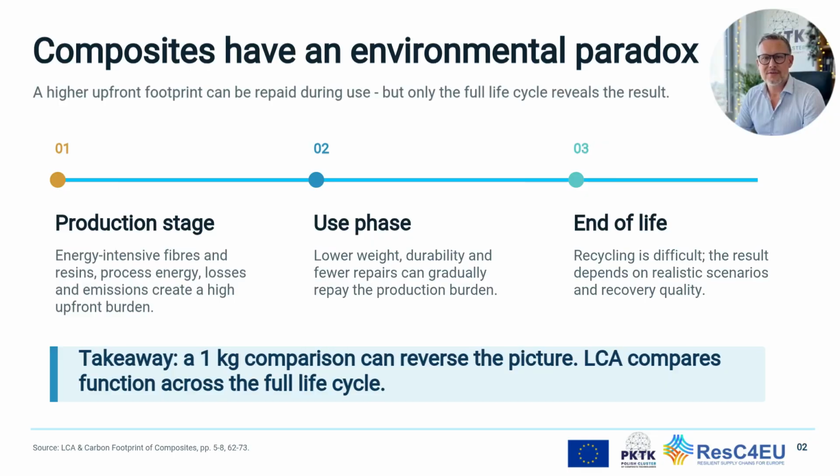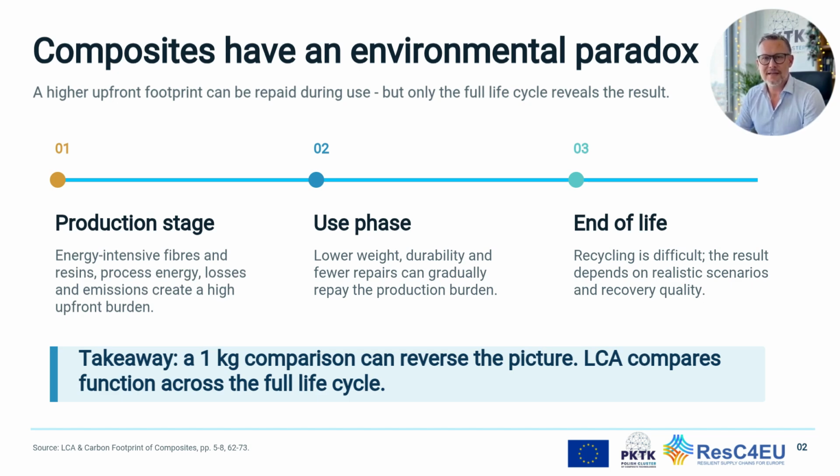Composites have an environmental paradox. At the beginning of the life cycle, they may look worse because producing fibers, resins, and finished components can be energy intensive. But that is not the full picture. During use, lower weight may reduce fuel or energy consumption, while durability, corrosion resistance, and fewer repairs can create further environmental savings.